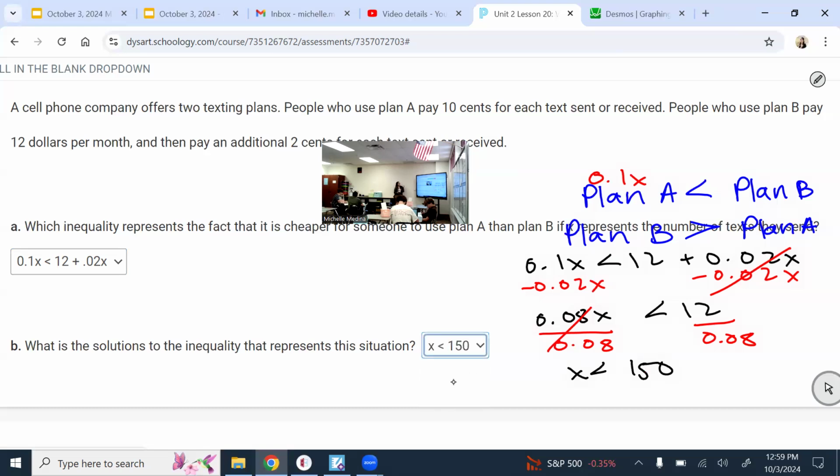And that means that so long as they're doing less than 150 text messages, because that's what x is, plan A is cheaper. Questions on that one? Questions on others? Amy?